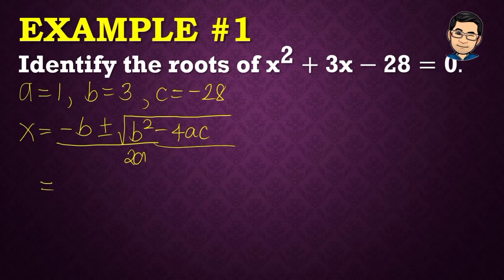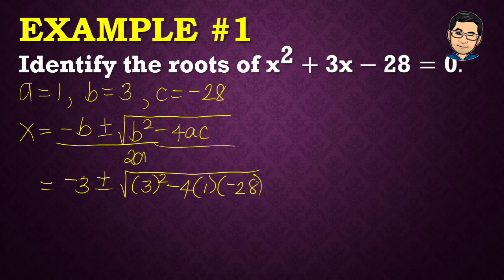So, negative b, that is negative 3, plus minus the square root of b, that is 3 squared, minus 4 times the value of a, which is 1, times the value of c, which is negative 28, all over 2 times the value of a again, 1.